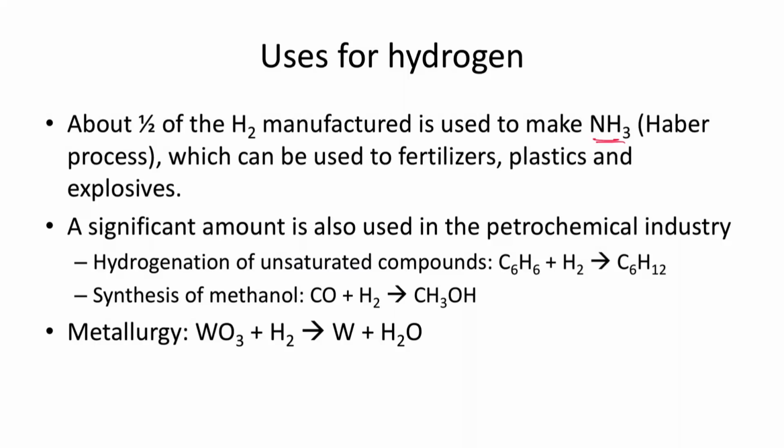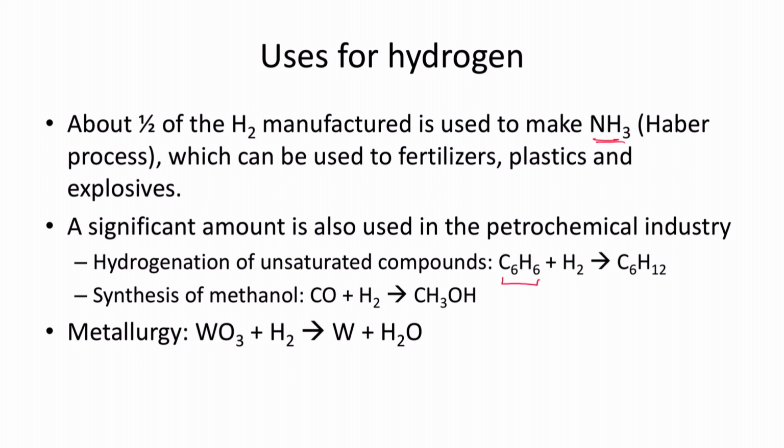There's also a significant amount of hydrogen that gets used in the petroleum industry. For example, the reverse of the process that I showed you a second ago, I can start with something like benzene that has, relatively speaking, not that much H in it, unsaturated, and add H to it to make it more saturated. Or I can use it to synthesize methanol from carbon monoxide and hydrogen.